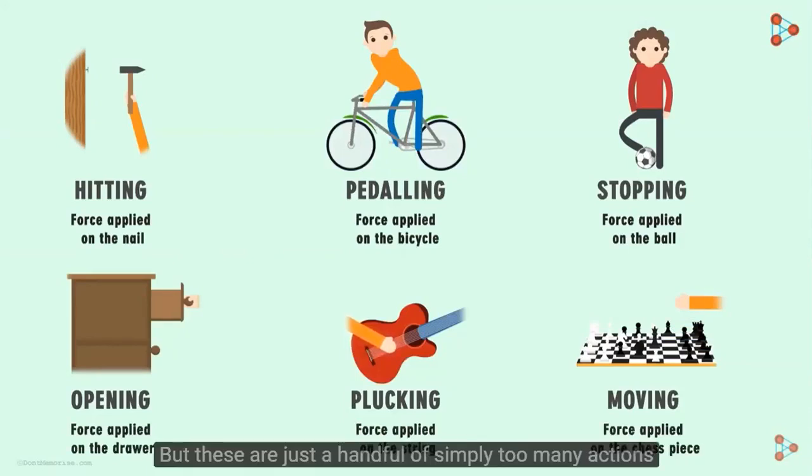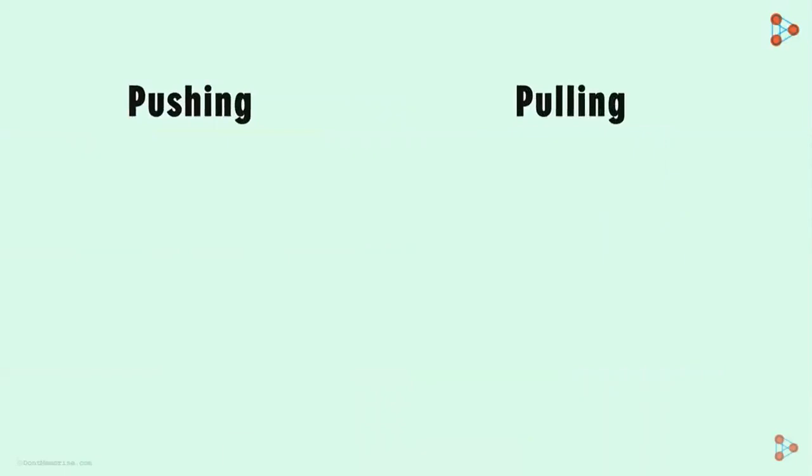But these are just a handful of simply too many examples that we can perform on the objects. And it is not possible to write each one of those. But we can categorize all these actions into two basic ones. That is, we can describe all these actions under two actions, namely pushing and pulling.